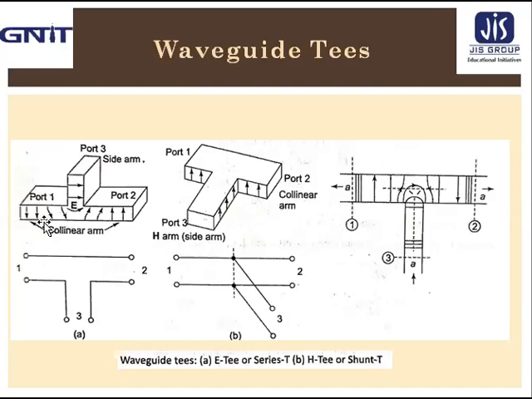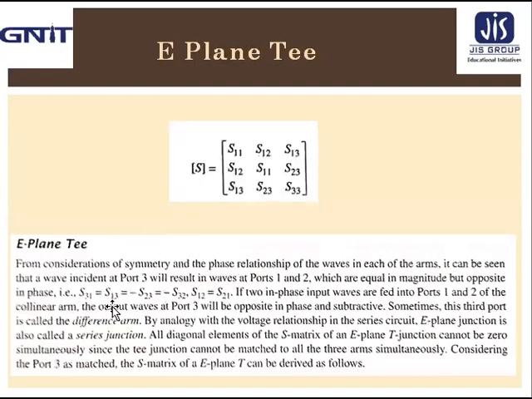That is, S31 equal to S13 equal to minus S23, because opposite in phase, equal to minus S32, and S12 equal to S21.